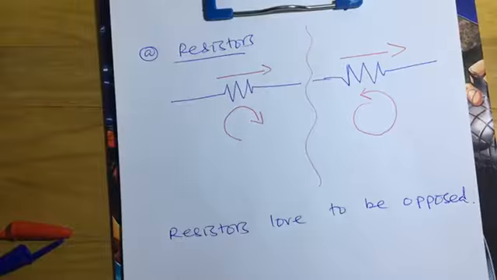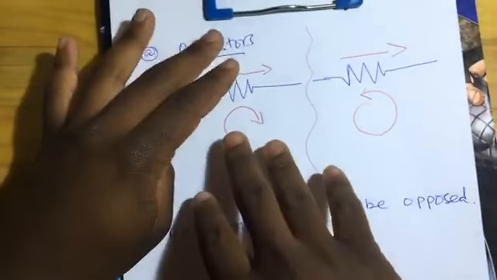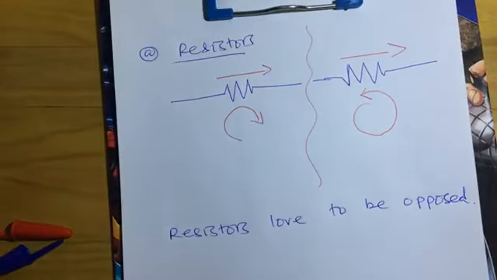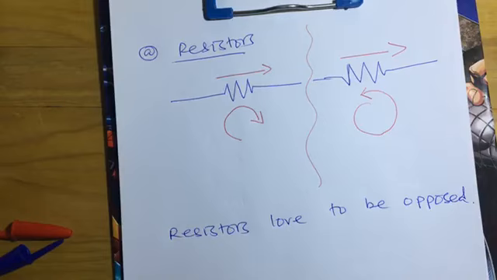If you can pick up opposition, or scenarios where there's no opposition, and you understand what the rule states, then things will be much, much easier. So potential difference in a loop should add up to 0.